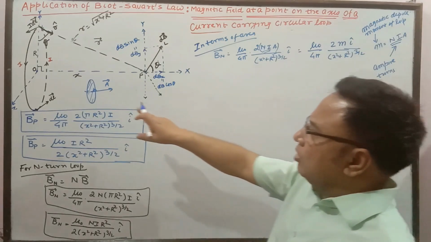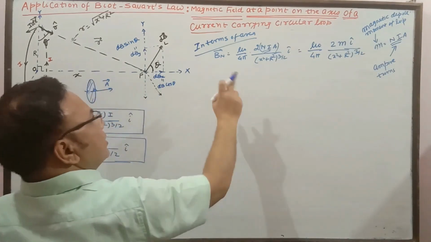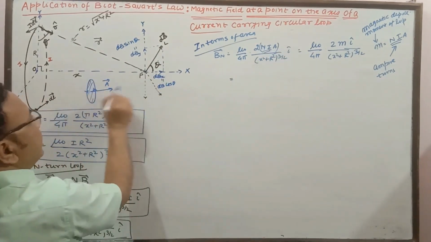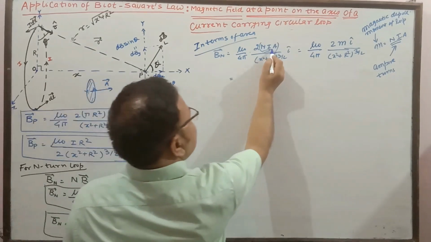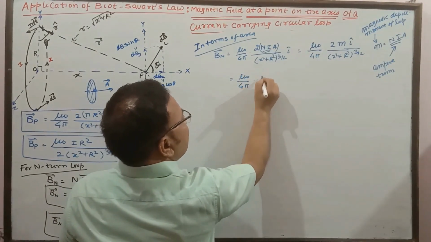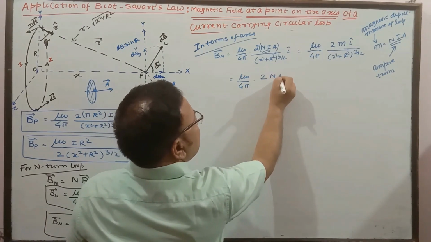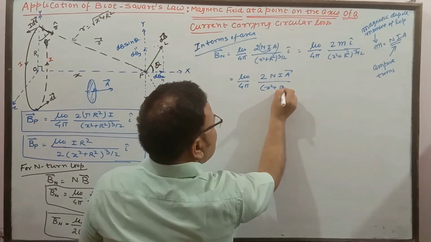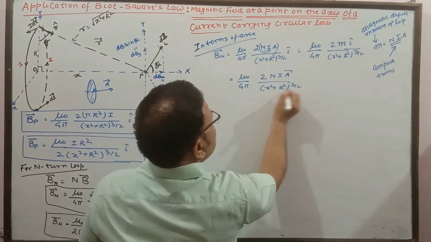Here the direction of A is along the x-axis, so this A and I cap can be written like this: mu naught by 4 pi 2 n I A vector upon x square plus r square whole 3 by 2.